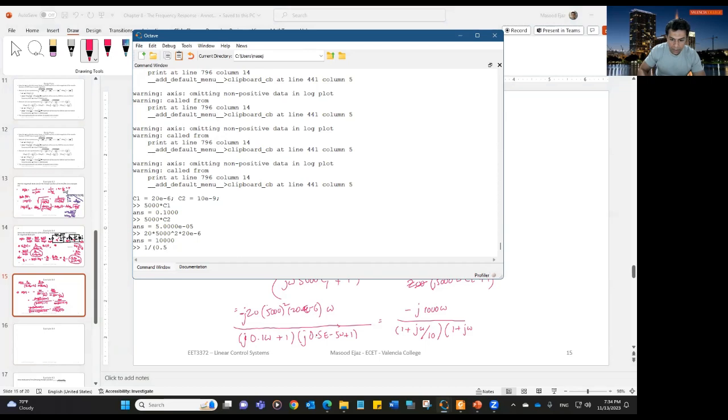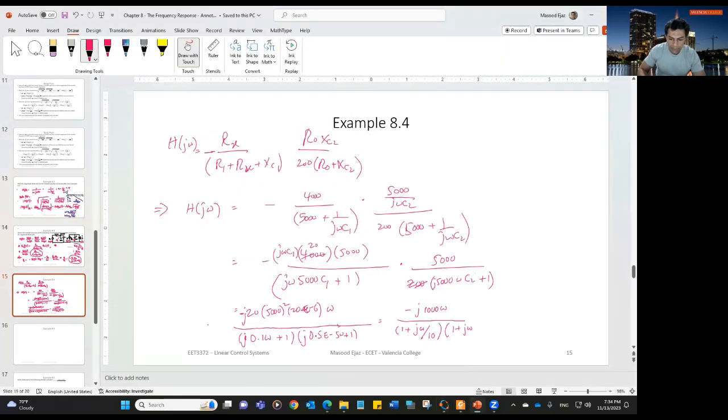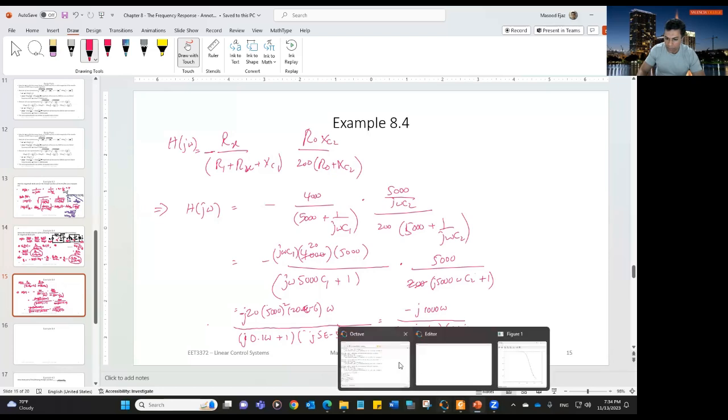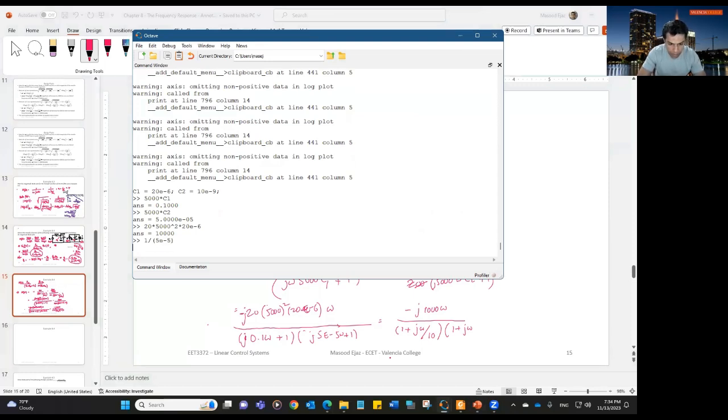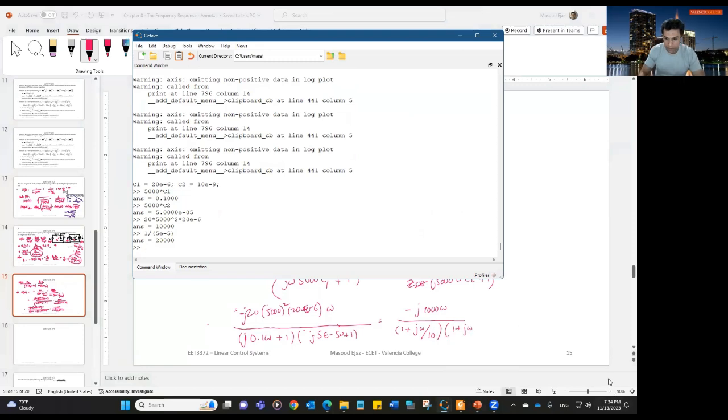So this is 5 exponent negative 5. Let me fix this. That's going to be 1 over 5 exponent negative 5 when we are putting it. 20,000.